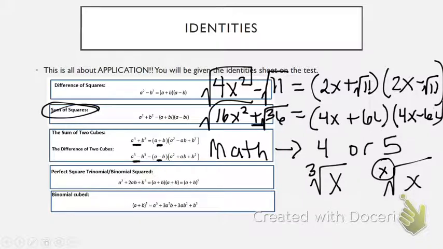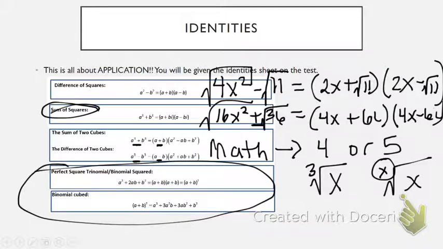Perfect square trinomial and binomial squared and binomial cubed, both of those are Pascal's triangle. So if you knew how to use the binomial theorem and Pascal's triangle, then these two right here should not have been a problem. Now, that matching portion on that test, if you remember, what you could have done is literally counted how many terms were in place.